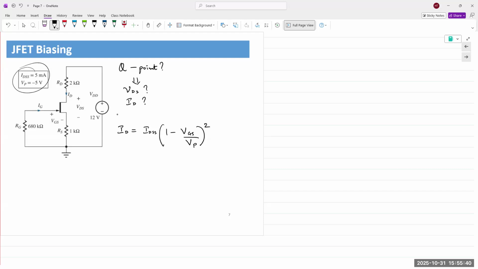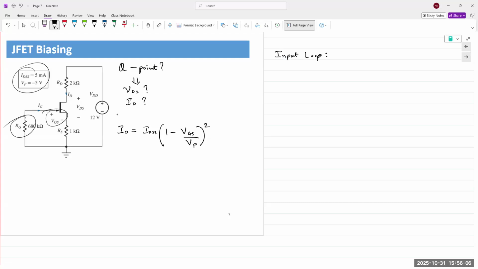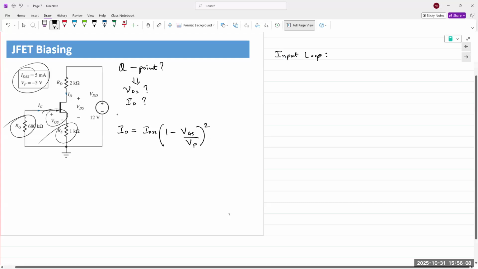As with most analysis approaches, we apply KVL on both the input as well as the output side. On the input side, I can identify 3 different voltages in the input loop: you have the resistor voltage RG, you have VGS, and you have RS.